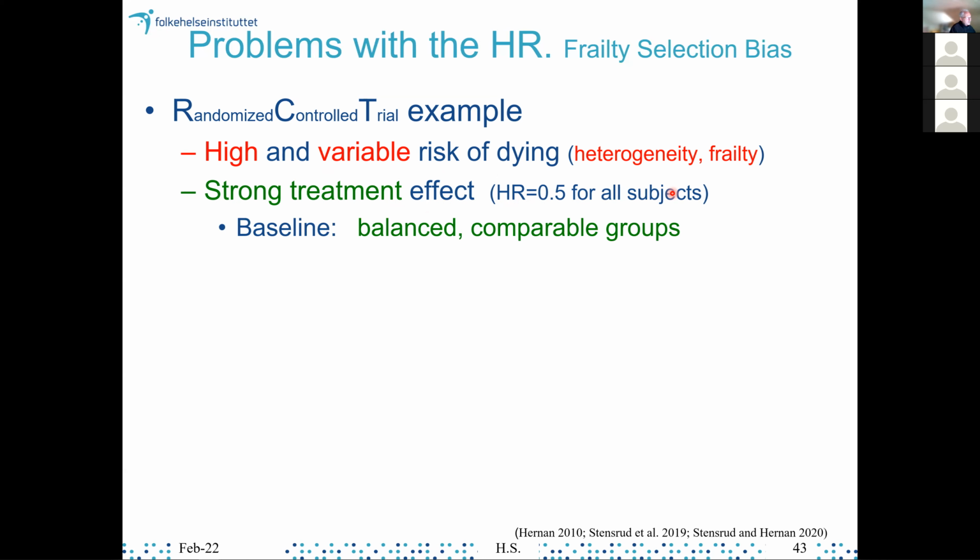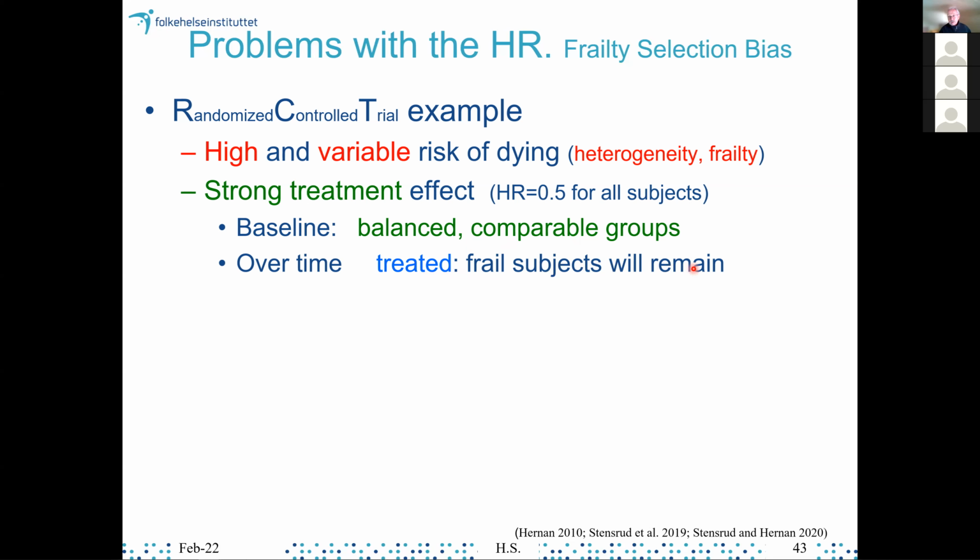And then at the baseline, when we have randomized people to treatment and no treatment, we will have a balanced setup. That means we have comparable groups. So all covariates or all variables will be equally distributed, including the frailty. We'll have just as many frail people in both groups. But then over time, this will not be the case. In the treated group, frail subjects will remain.